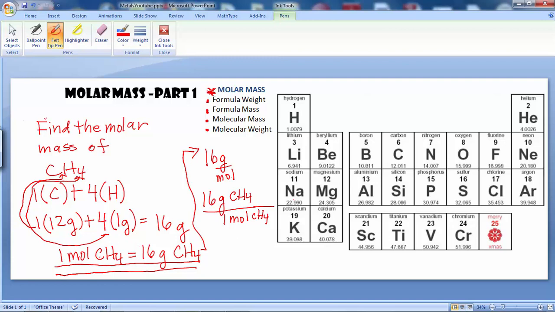I will do that in a later video, but for now we want to stick to the convention of calculating the molar mass and how we're going to write this equivalent statement of moles of a compound and the grams of a compound.